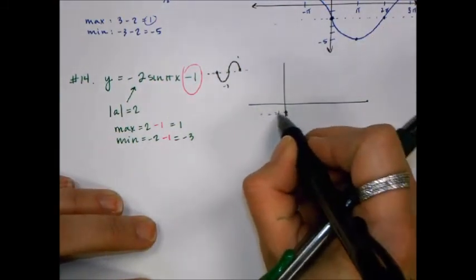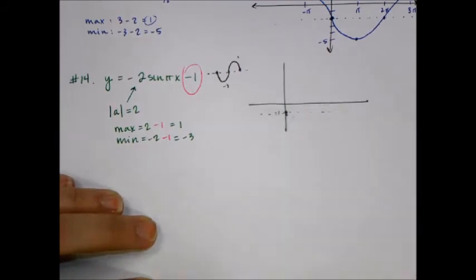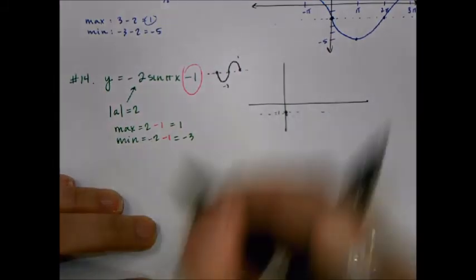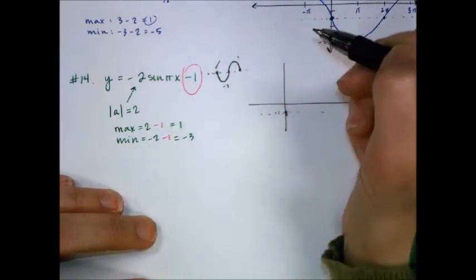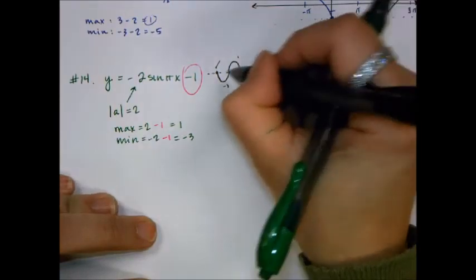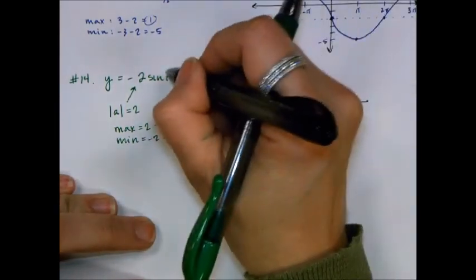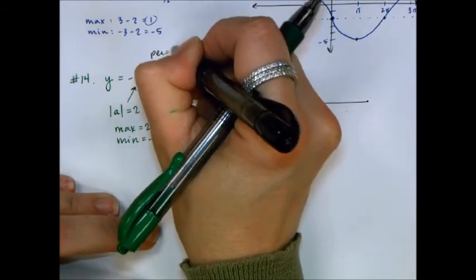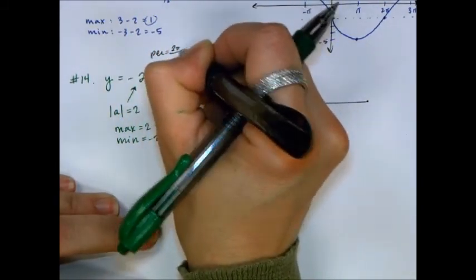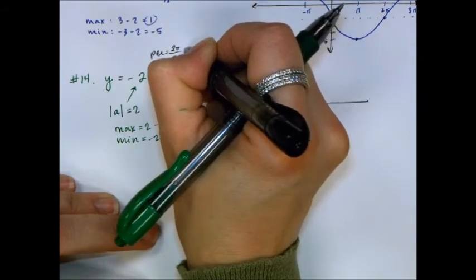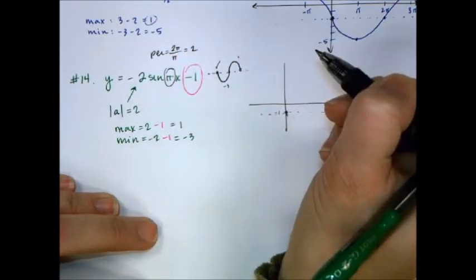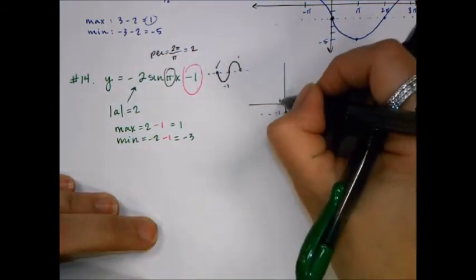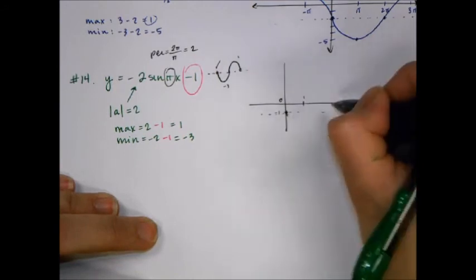The last point is the period length away. So notice the period is not 2 pi right now. Since b is pi, 2 pi divided by pi is 2. So this is 0, 1, 2. So right here, we get to the end of our sine graph.